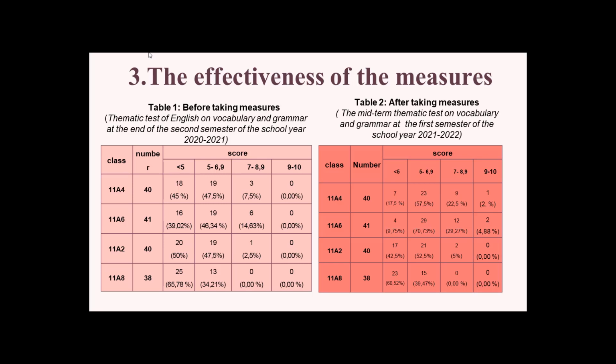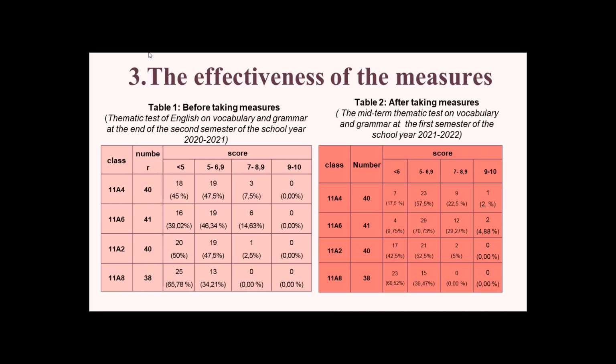And the rest of the students in these classes with good grades also increased by 15% at this midterm. One prominent point is that not only is there the appearance of excellent scores among students of classes 11A4 and 11A6, but we also see an increase in the number of students with good grades. It is clear that the number of students making progress in these 2 classes has increased remarkably.